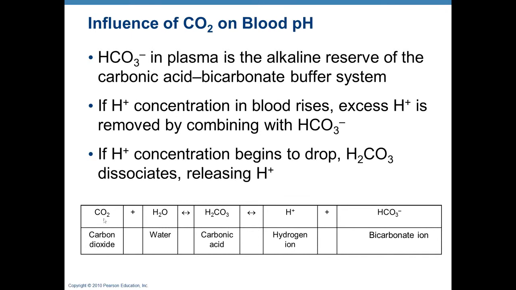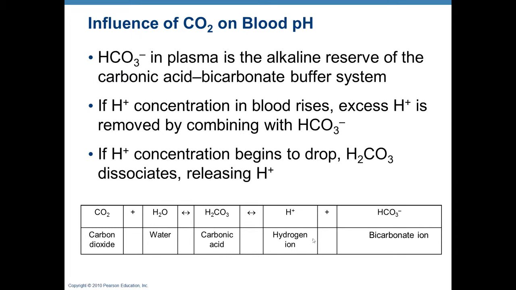So if you have more carbon dioxide around, things tend to move in this direction. But let's say you have an excess of hydrogen ions around. Okay, your body fluid pH is dropping. It's becoming more acidic. That means you got more of these guys. Well, luckily, these bicarbonate ions are very good at soaking up those extra hydrogen ions, because this chemical reaction can go in both directions.